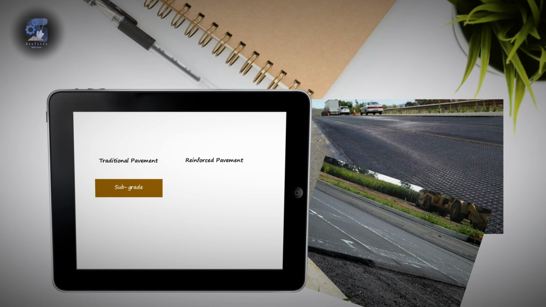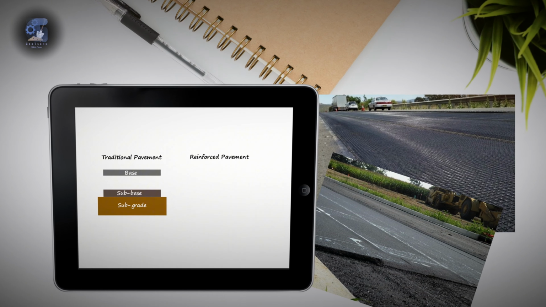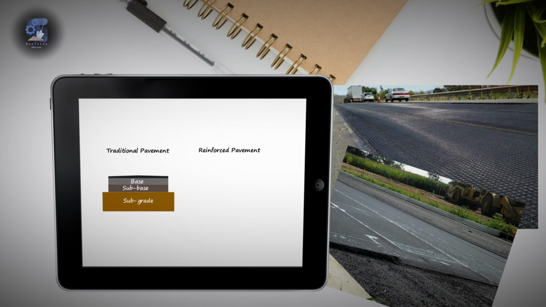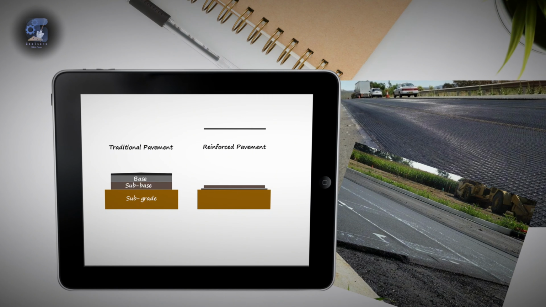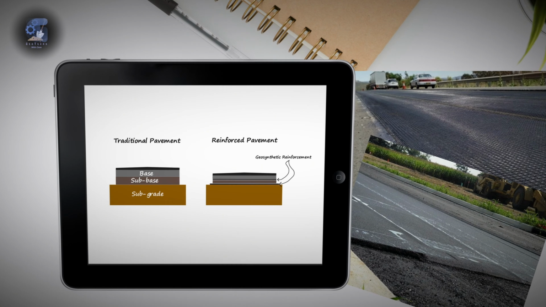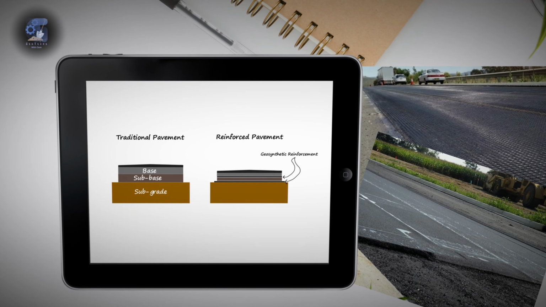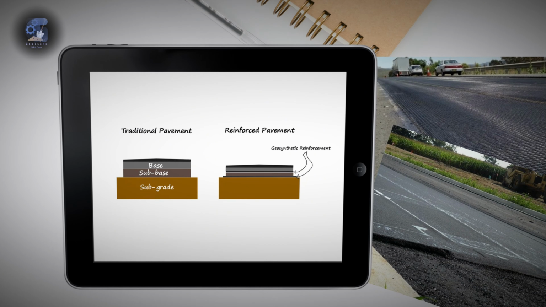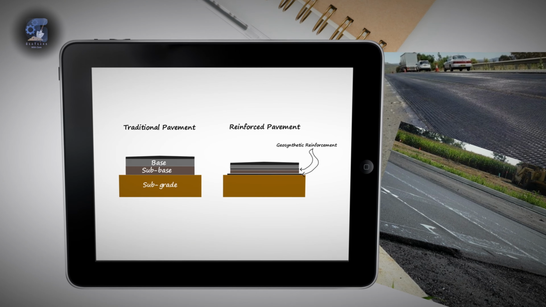In a pavement structure, generally we have a subgrade, subbase, a base, and a surface layer. However, geosynthetic enhanced pavements tend to have a reduced profile than their traditional counterparts. The lesser volume of material used results directly in a lesser embodied carbon of constituent materials in the final structure.